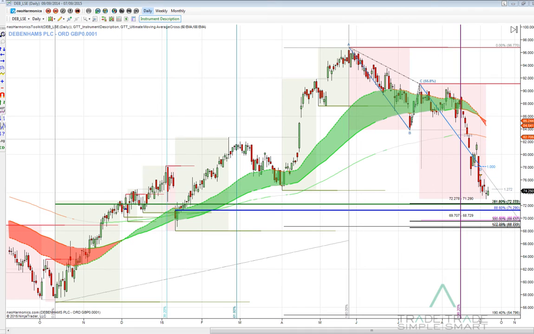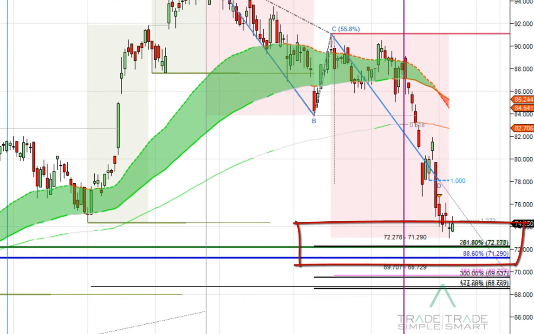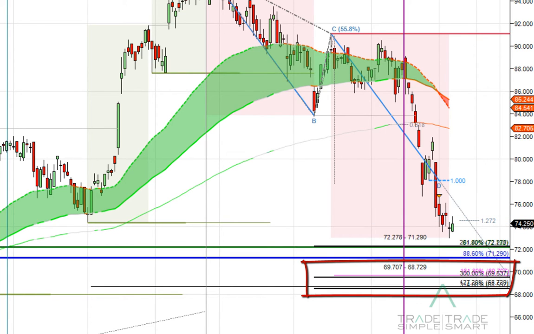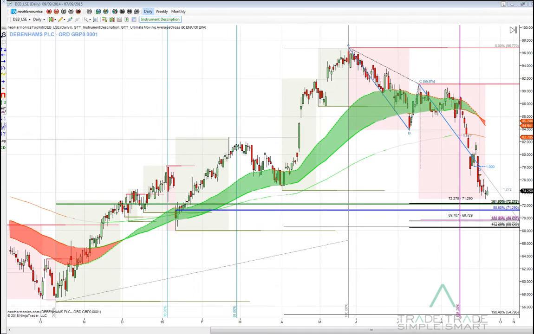Now, in terms of the price, we've identified 2 Fibonacci price zones. The first is at 72.278 to 71.29, and the second is 69.707 to 68.729.